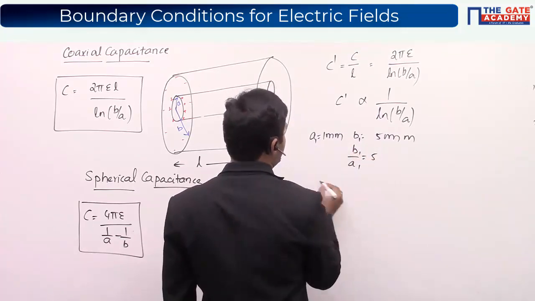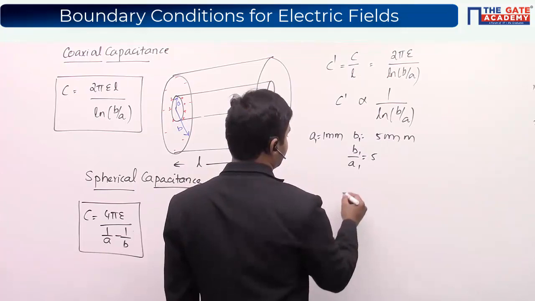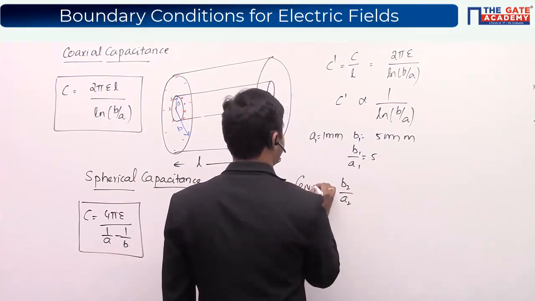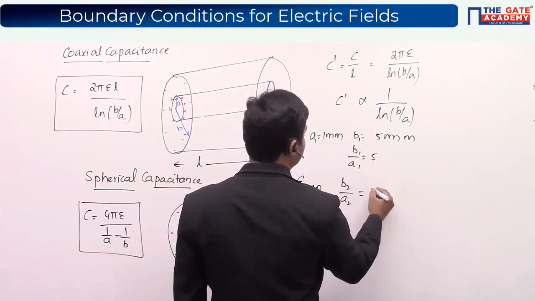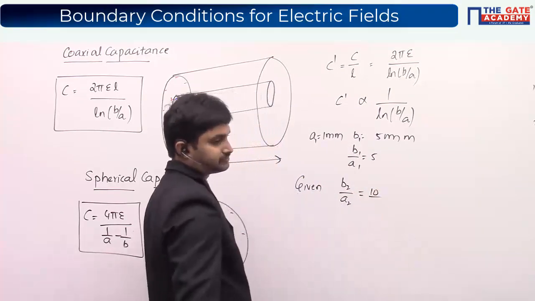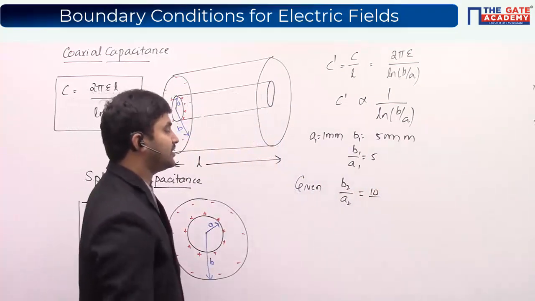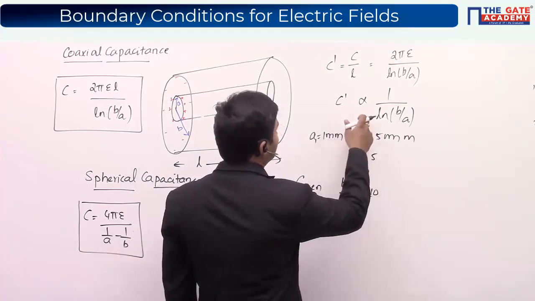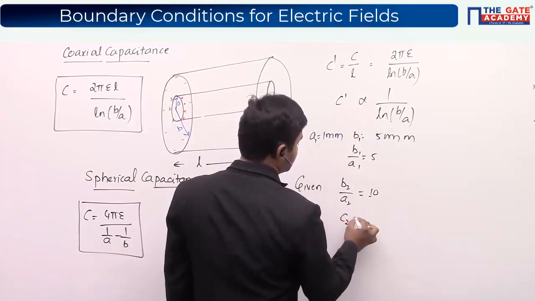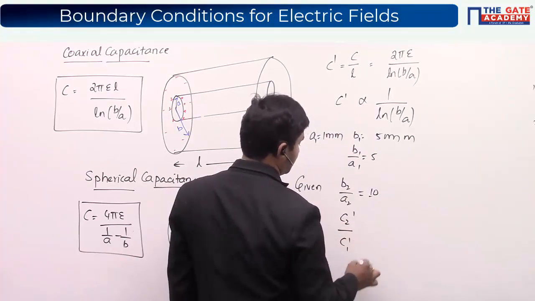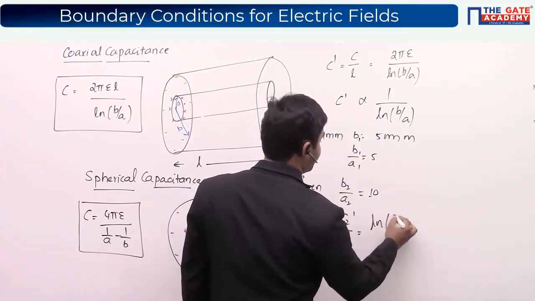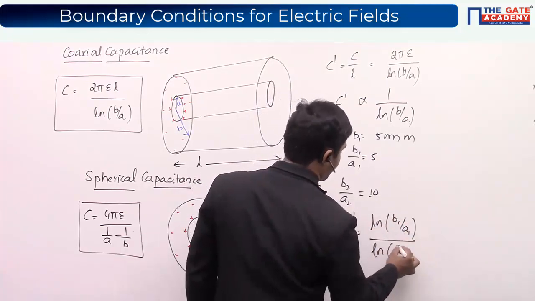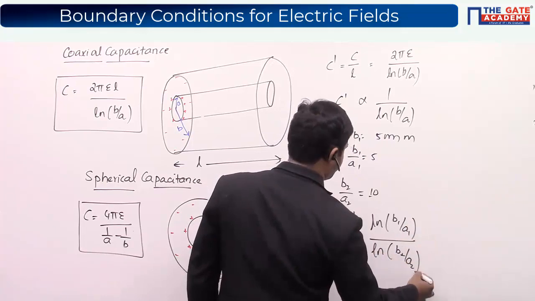In the second case, we have doubled it. So B2 by A2, given that the ratio has been doubled, outer to inner ratio has been doubled, which now becomes 10. Now according to our formula, C2 dash by C1 dash will be equal to ln of B1 by A1 by ln of B2 by A2.